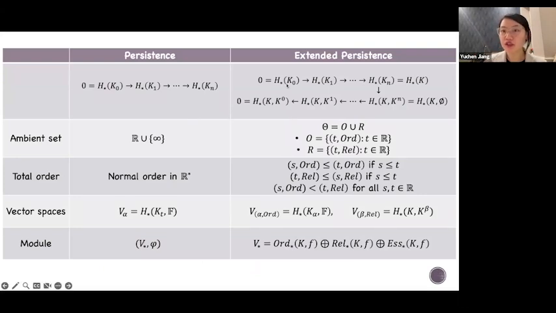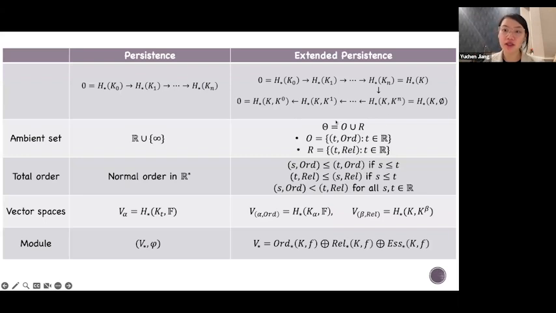One copy is for the chain going upwards through the ordinary homology, so we decorate it with ord, and another copy is for the relative homology chain going downwards, and we'll call it rel. And the total ordering is defined so that we have the normal ordering for the first copy of R, and we reverse the ordering for the relative group going down.